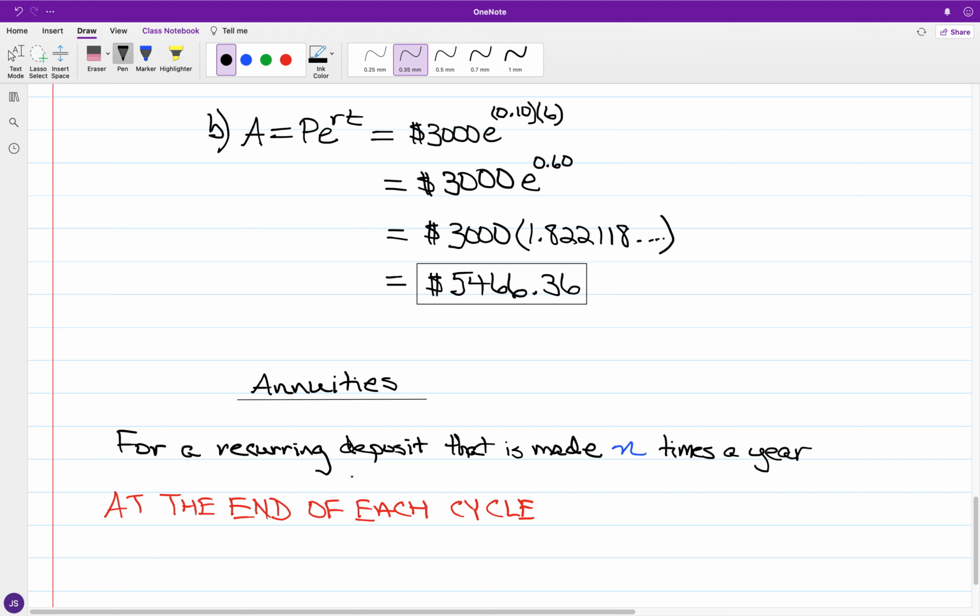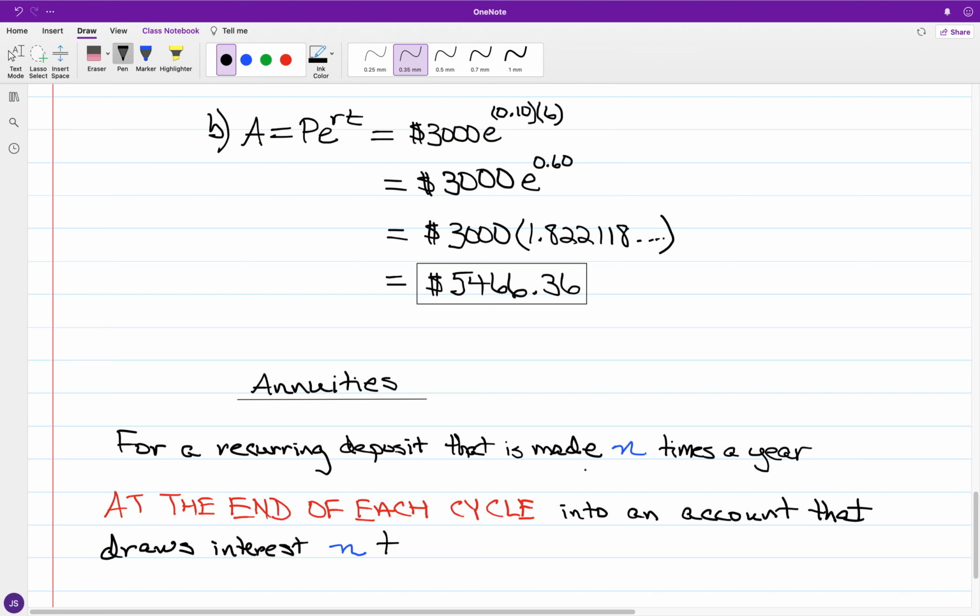So for a recurring deposit that is made n times a year at the end of each cycle into an account that's going to draw interest also n times a year.